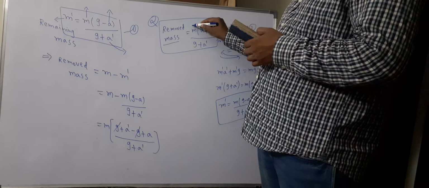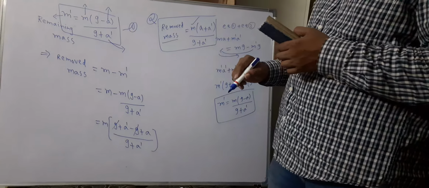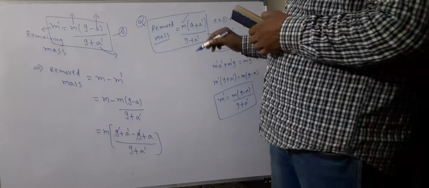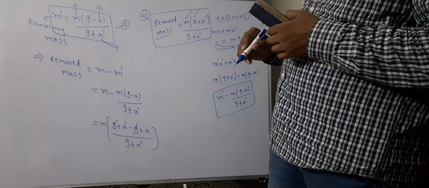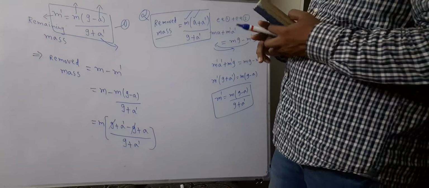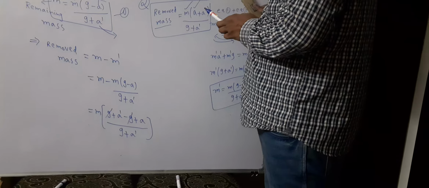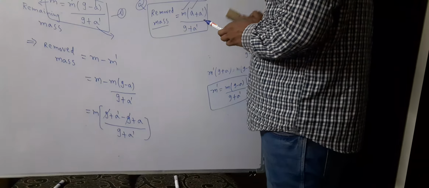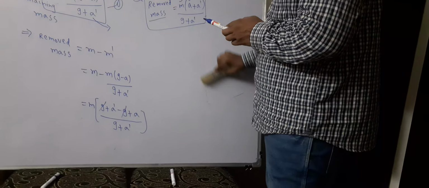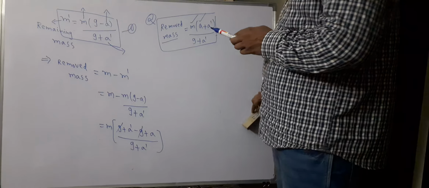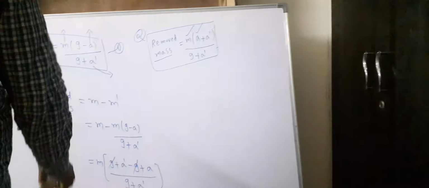Here m is called the initial mass, a is called the initial acceleration of the balloon, a dash is called the acceleration of the balloon after removing some mass. Okay? These two formulas are very useful to solve the problems. Very important concept. Look here.